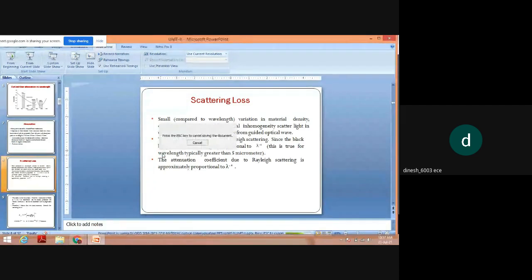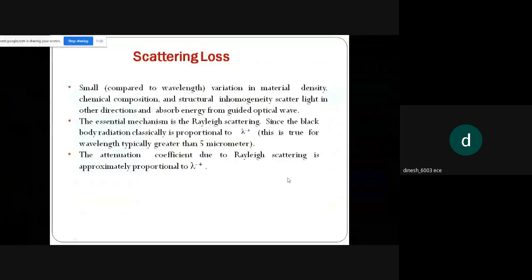Scattering loss occurs due to the scattering of optical wavelength or optical light that falls on the materials. For example, I'll explain this with a real example.